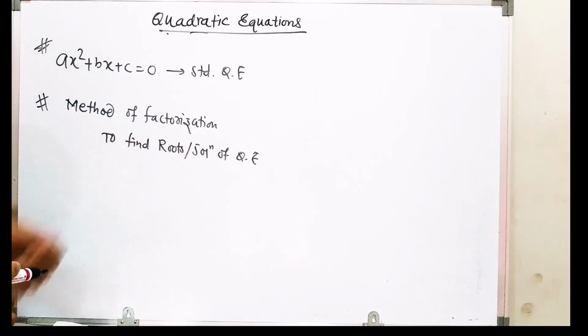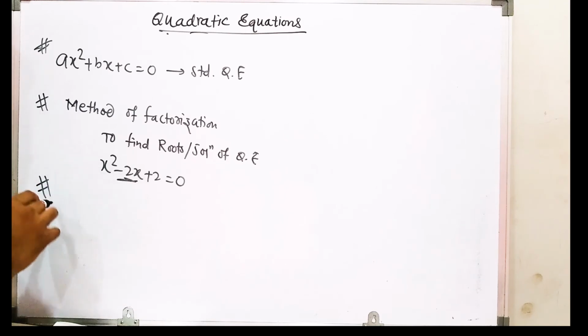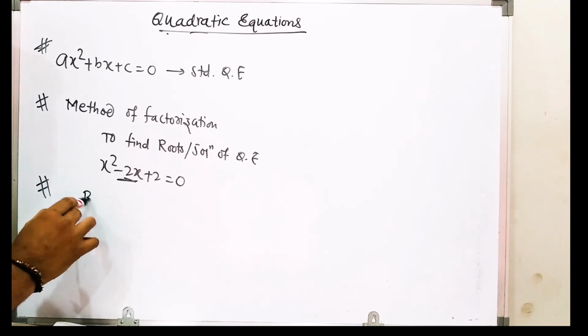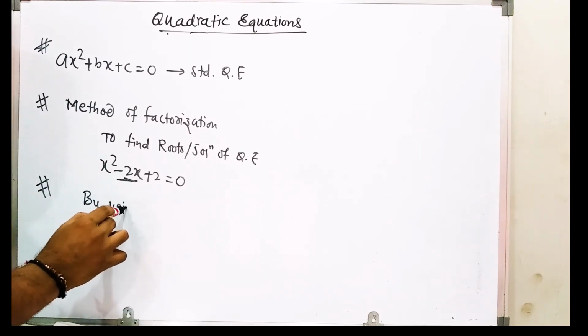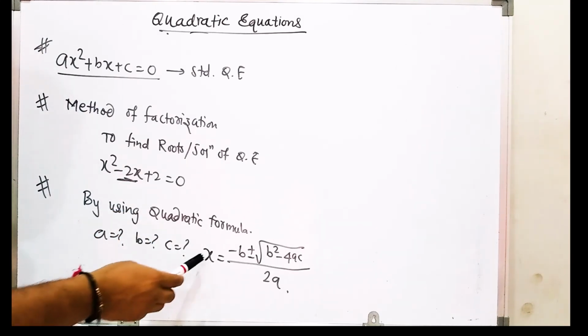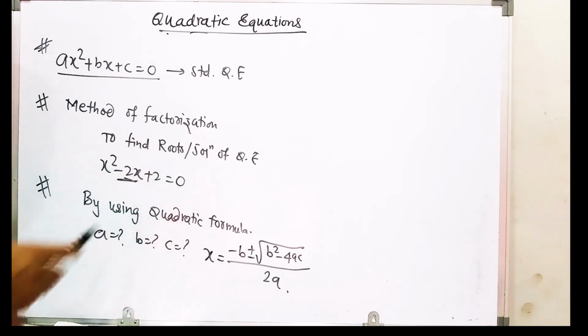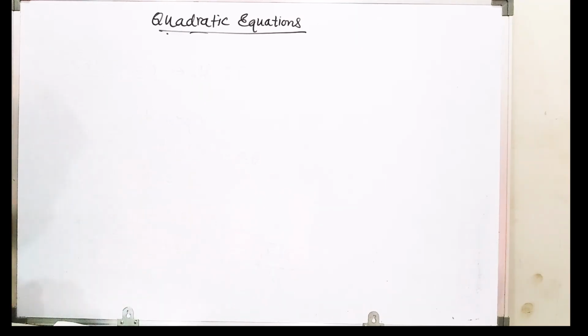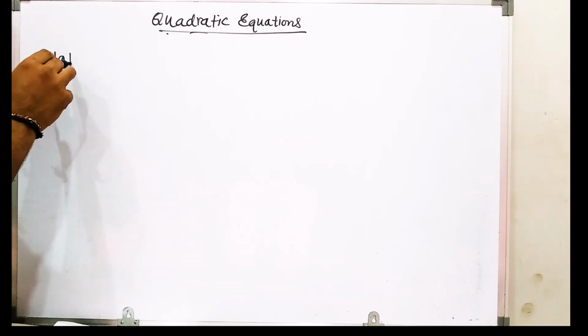In this method of factorization, we split the middle term. Then third is by using quadratic formula. By using this formula, we can easily find the value of x or root or solution of the equation. And the third important point was determining the nature of the roots.